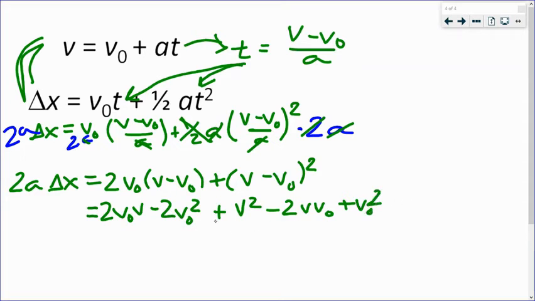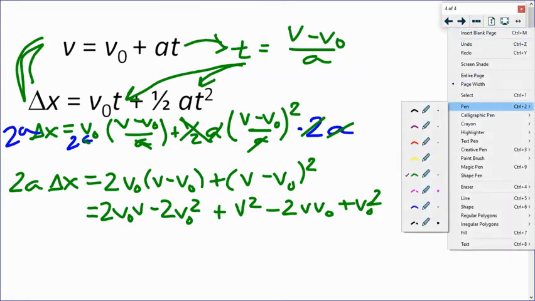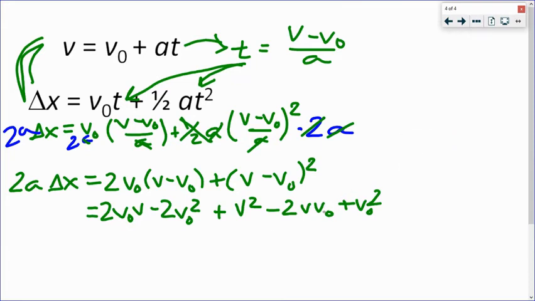Okay, now we can start canceling some of these things out. So let's use another color to do that so you can tell what we're canceling. So we can combine, we have 2v0v here and minus 2v0 there. So these actually totally cancel each other out. Okay. We have negative 2v0 squared and positive v0 squared over here.